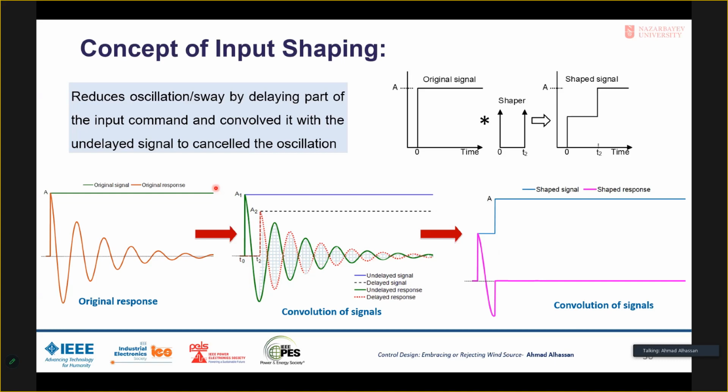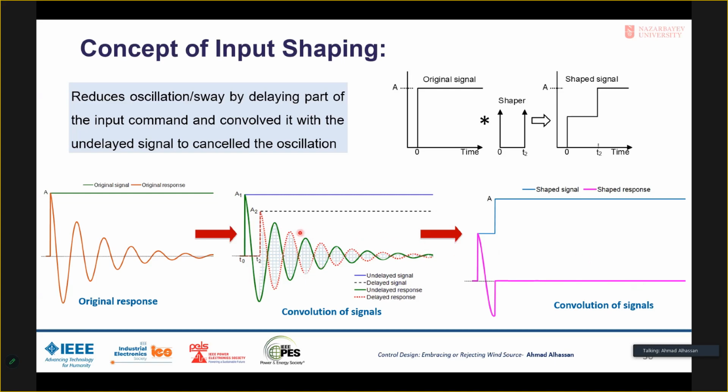Look at this, the original signal and the original response, the red one here. But if we make a delay, we have a response, this, and when we delay it in a good time, this will be cancelled out, and at the end we'll have a smooth response. So this is the basic idea of input shaping.